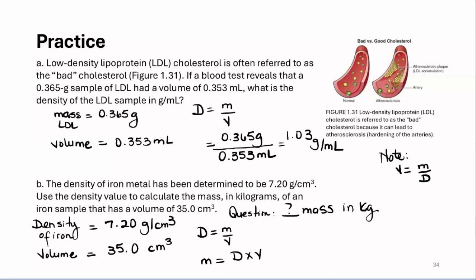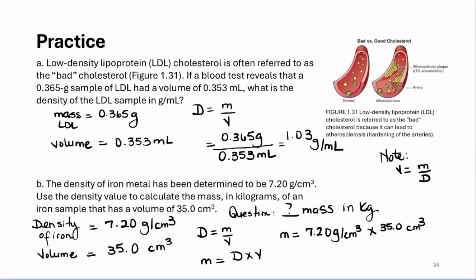But continuing on with problem B, now that I know the equation for solving for just mass, I'm going to utilize the information given. Mass is going to equal the amount in terms of density, 7.20 grams per centimeters cubed. And I'm going to multiply it by the volume, which is 35.0 centimeters cubed.